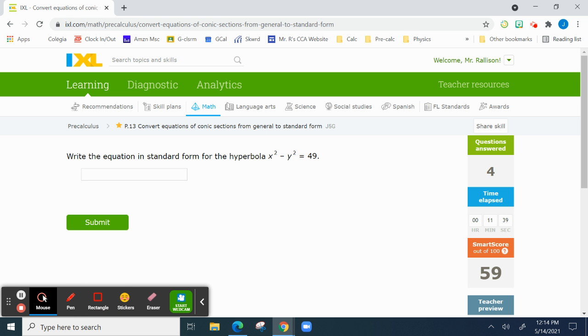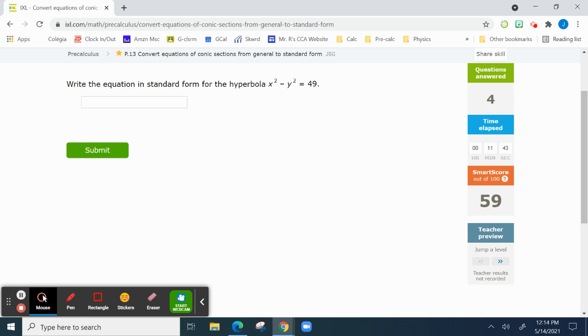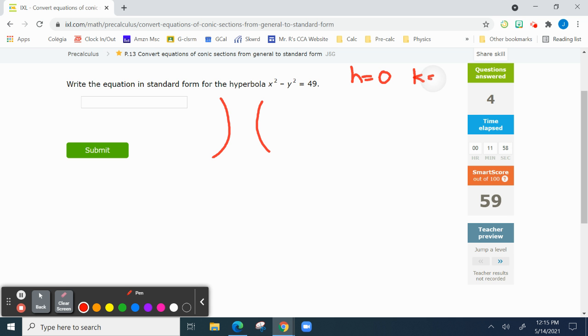Let's erase my stuff. Write the equation in standard form of the hyperbola. So there, all we have to do, a hyperbola, this is an x minus y. What does that mean? H and k are 0, right? There's nothing there.